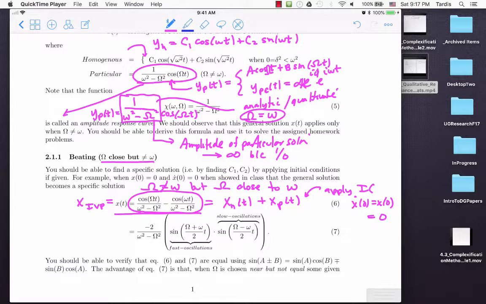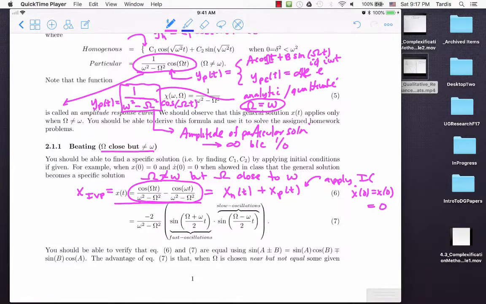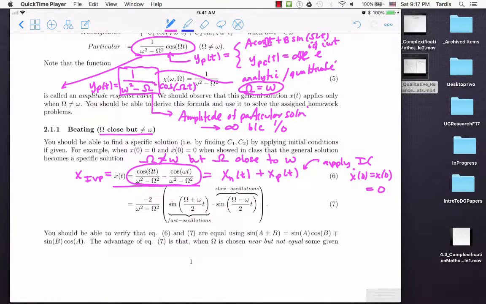This particular combination of cosines, because of the trig identity, sine of A plus or minus B is sine times cosine plus or minus a sine times a cosine term. What we're seeing here is that the solution to the case when the frequencies are close to each other can be rewritten.